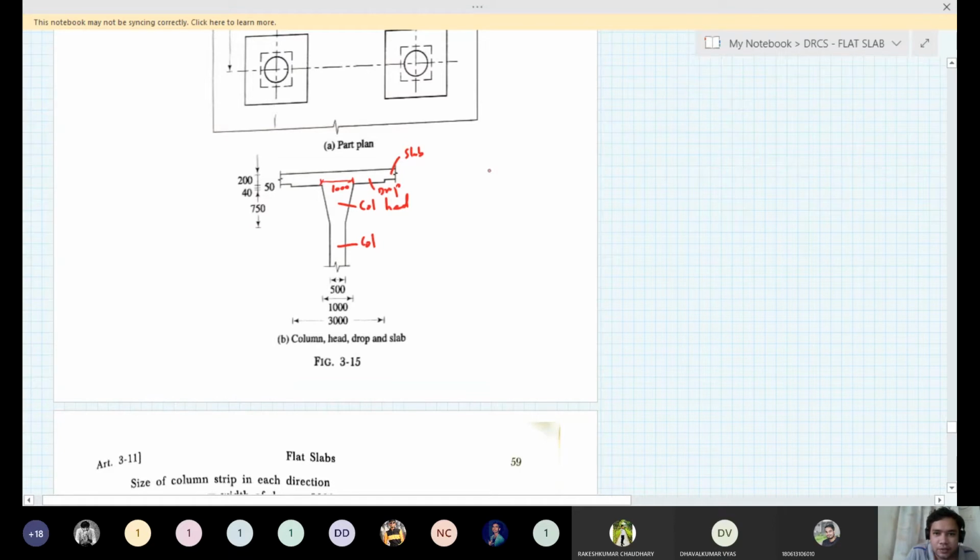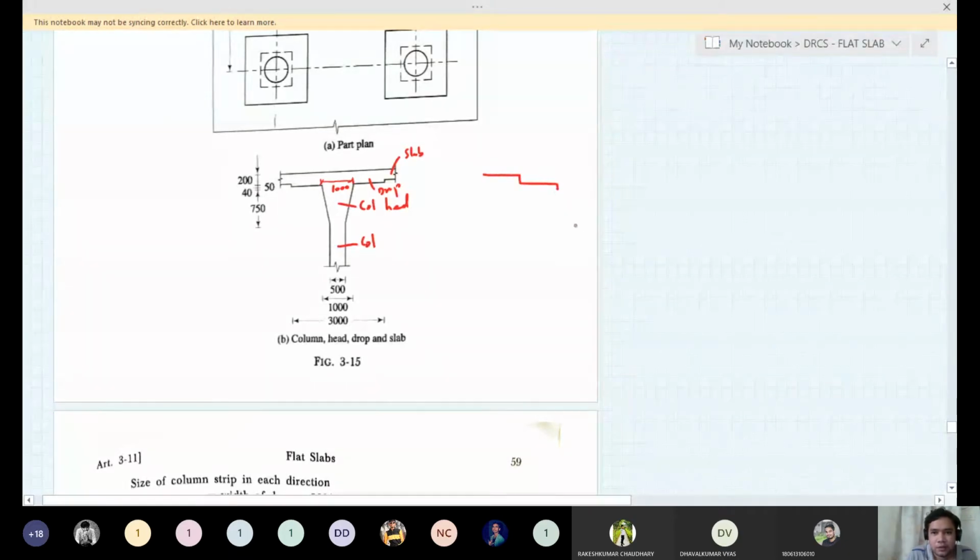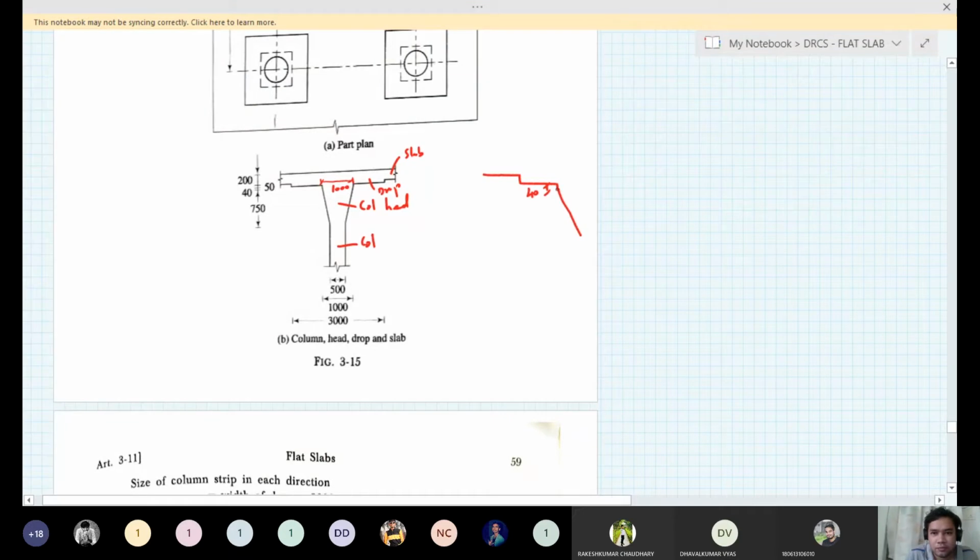Wherever there is a column head, a 40 mm kicker or starter is provided, and it will be like this. So this additional 40 mm is the straight portion, and then you have the column.